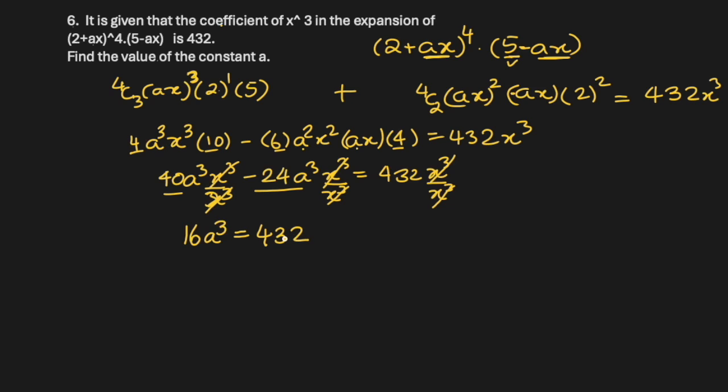No x cube anymore. A cube will be equal to 432 divided by 16. And a cube is 432 divided by 16, which is 27. And now we'll cube root both sides to get rid of cube. So a is equal to 3, and that's it. That's what they were asking us.